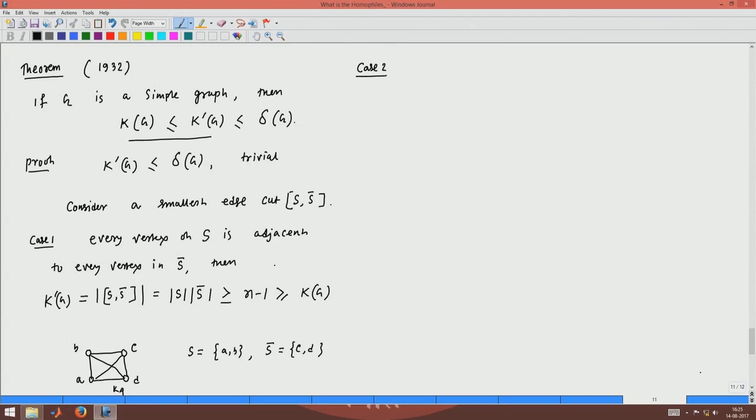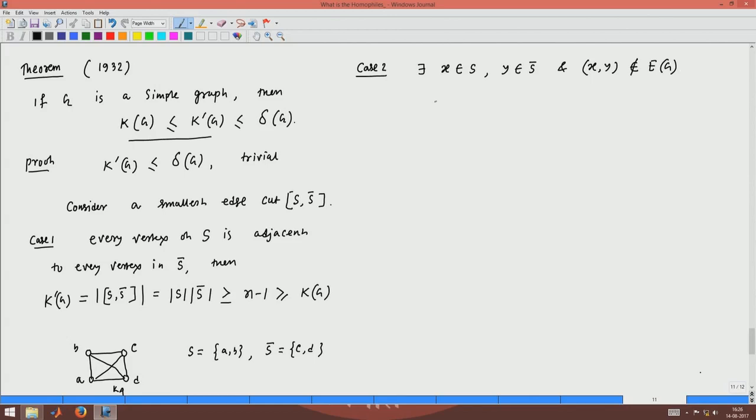So, this case says that there exists a vertex x in S and a vertex y in S complement, and these two are not adjacent, they are not an edge in the graph G.